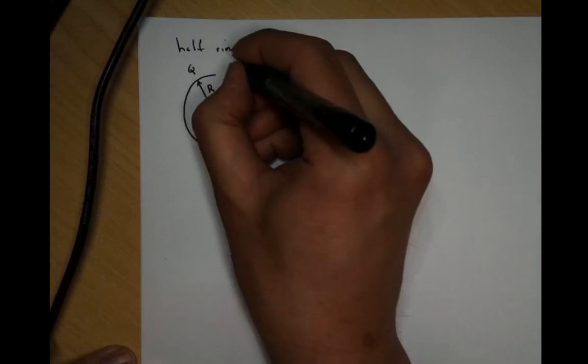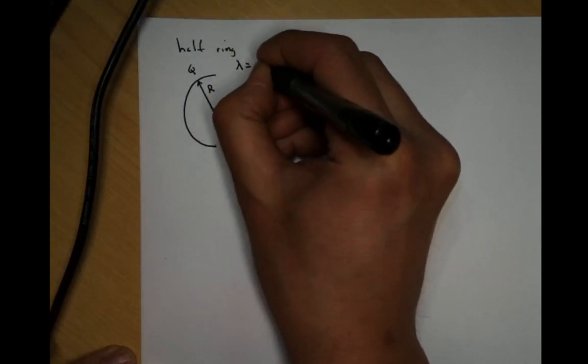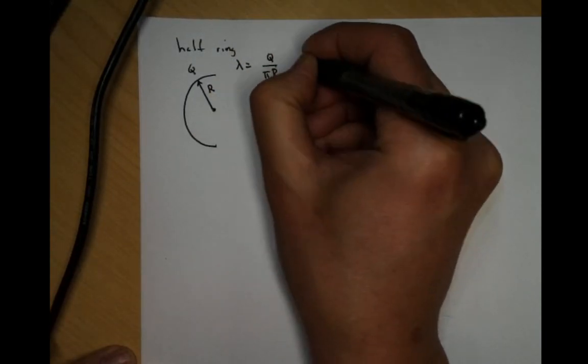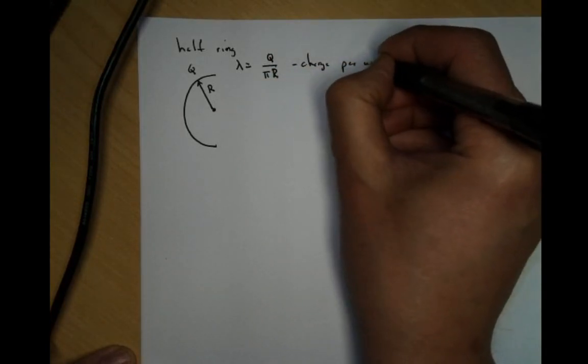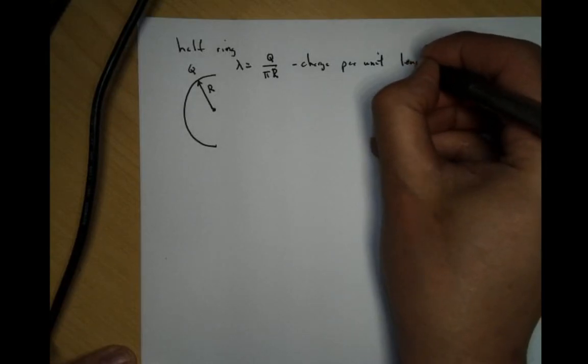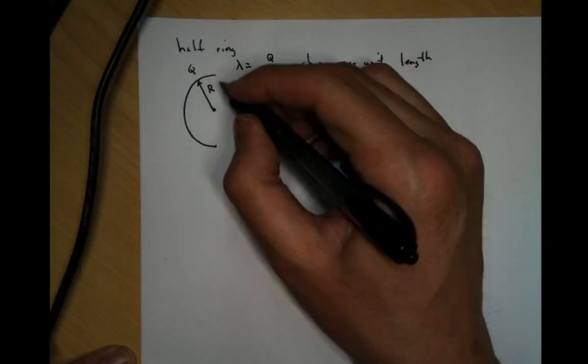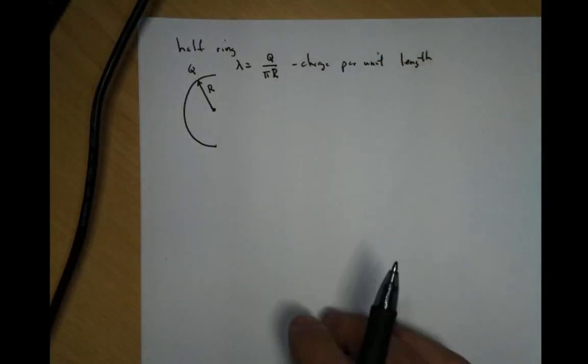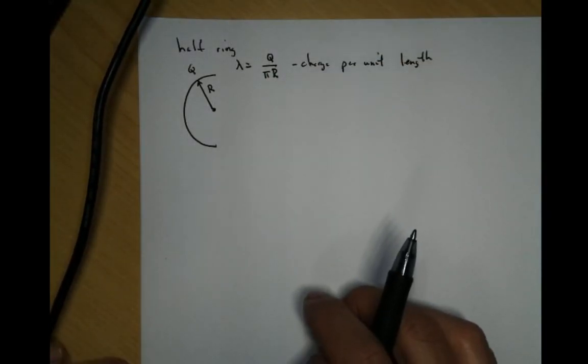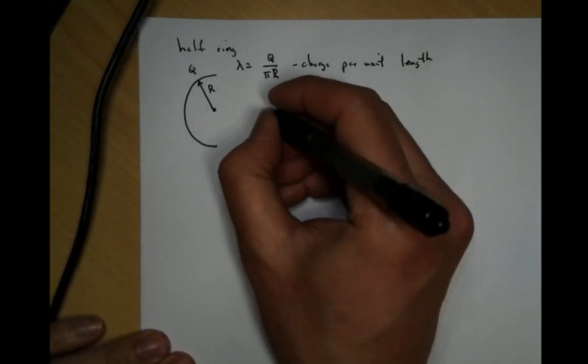And so lambda is going to be Q over pi r, the charge per unit length. Now, it's going to be pi r, not 2 pi r, because this is not a complete circle. It's only half a circle, so you can't have the 2 pi r there. All right, so let's go ahead and write this down.